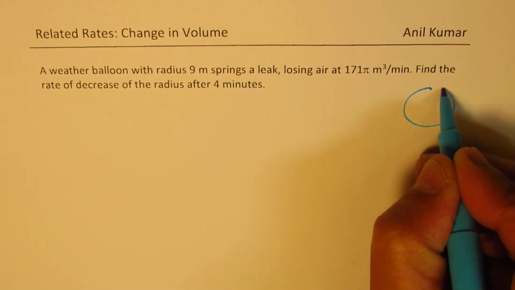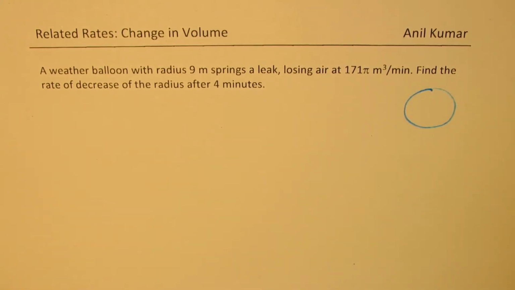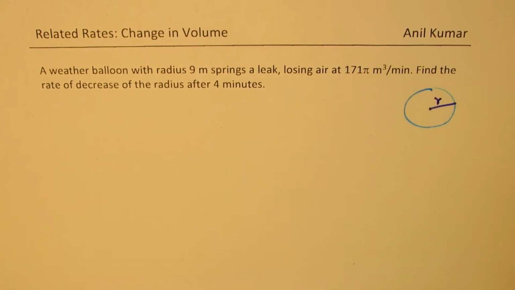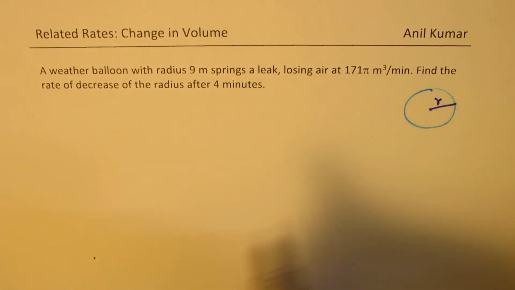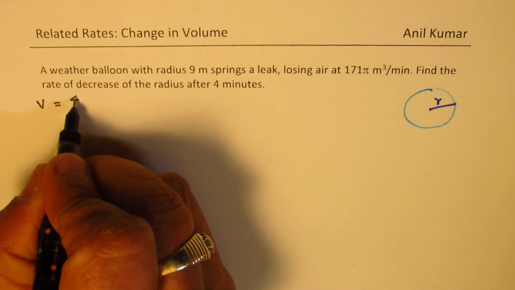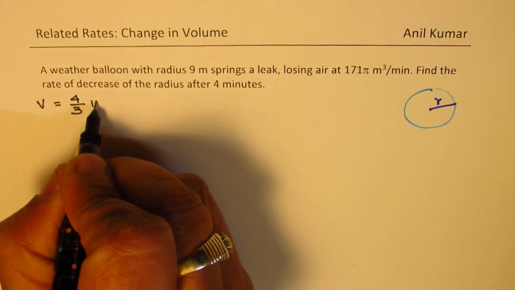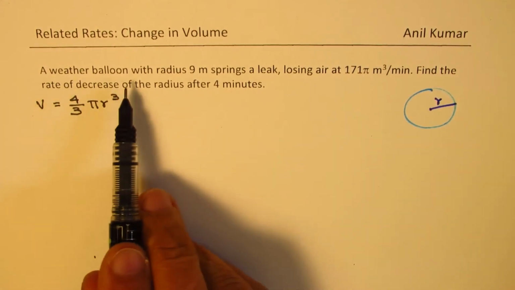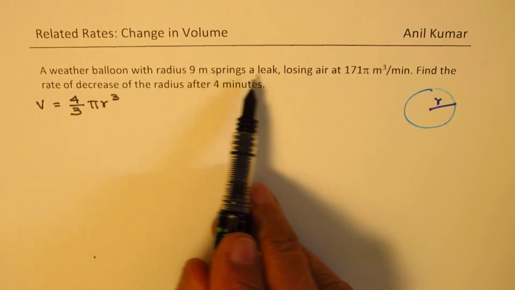We will assume that the balloon itself is a sphere of radius r. Now, in that case, the volume of the balloon is given by the formula 4 by 3 pi r cube, right? Now we are saying that the weather balloon with radius 9 meters springs a leak.